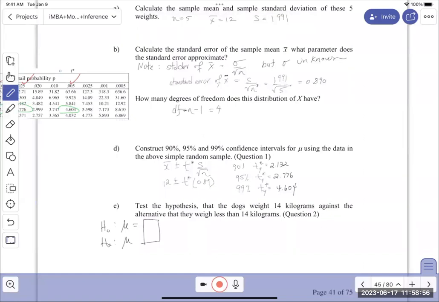So I'm going to test that it's 14 against it being less than 14. I'm reading that literally from the statement. I'm going to assume H naught is true.